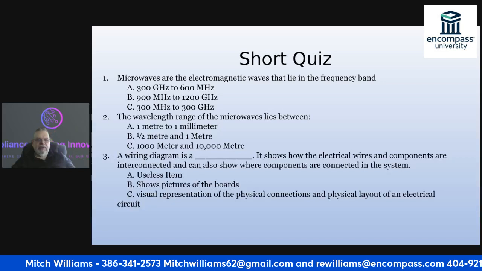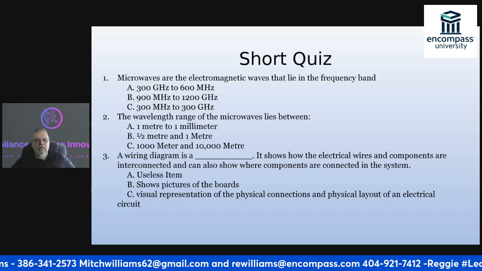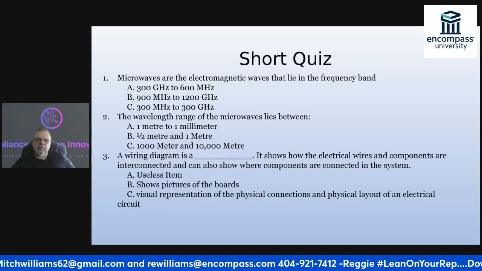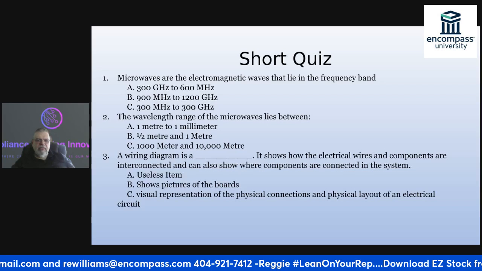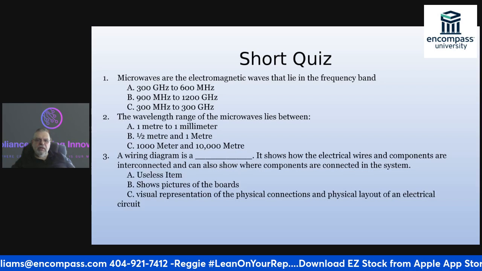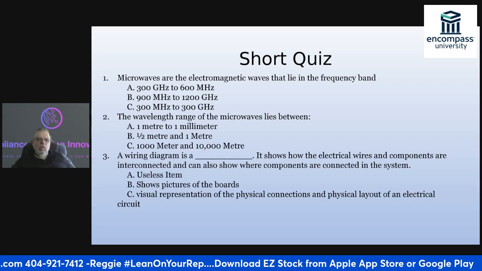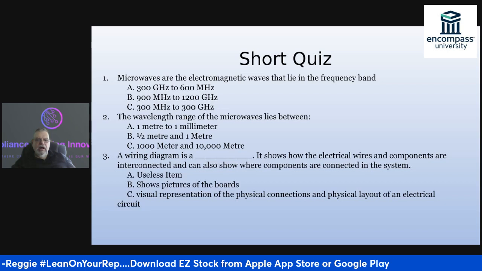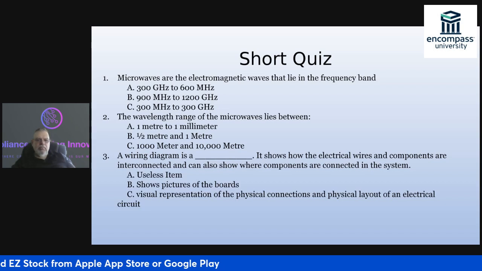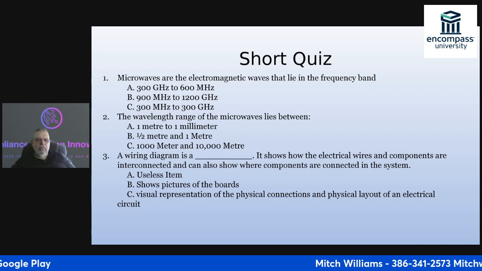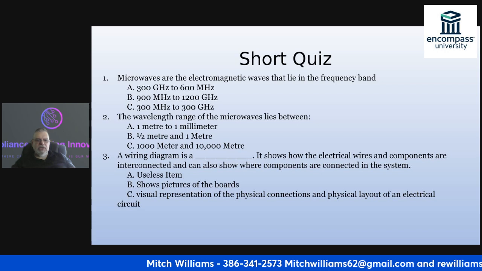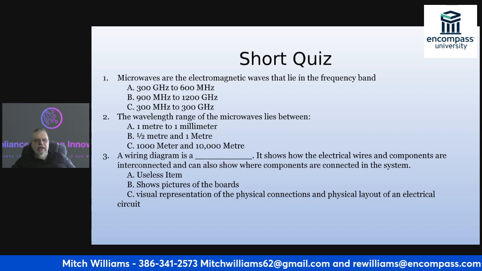Okay. I have to go back to the other thing so I can actually read that, because my eyes are getting old and I can't see well. The wavelength range of the microwave lies between 1 meter and 1 millimeter, 1 meter and 1 meter, 1,000 meters, and 10,000 meters.